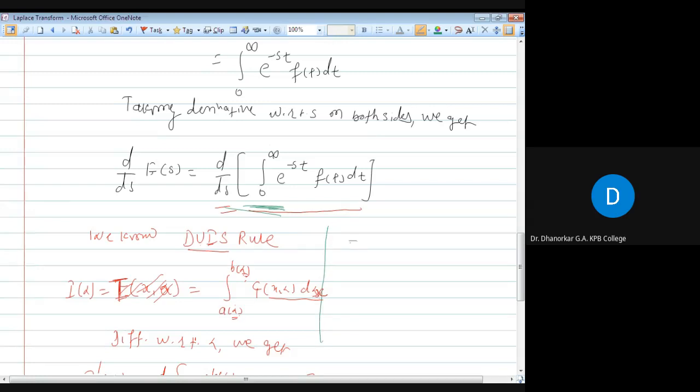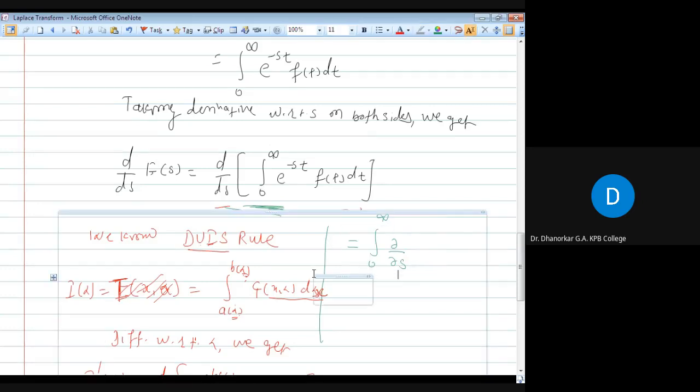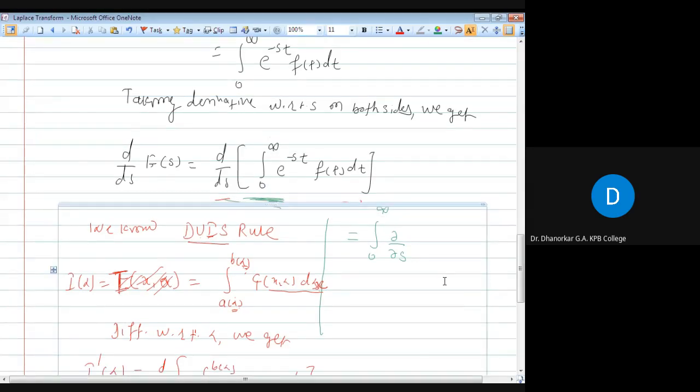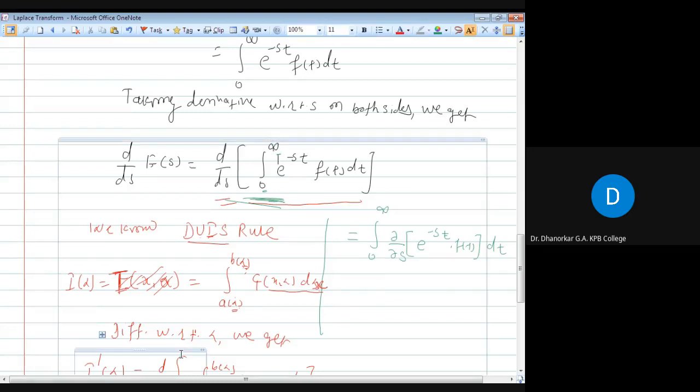This is equal to integration 0 to infinity of the partial derivative of this function, e raised to power minus st into f of t, into dt, plus the remaining terms are 0 because this is a constant lower limit and the upper limit is also constant, therefore this is equal to 0. Everyone getting this?